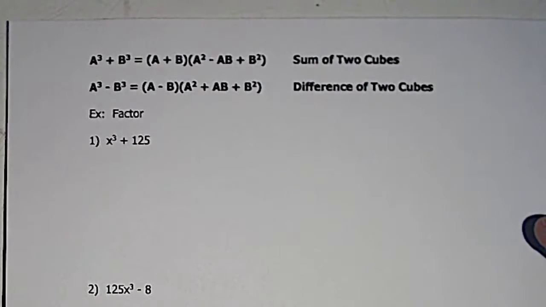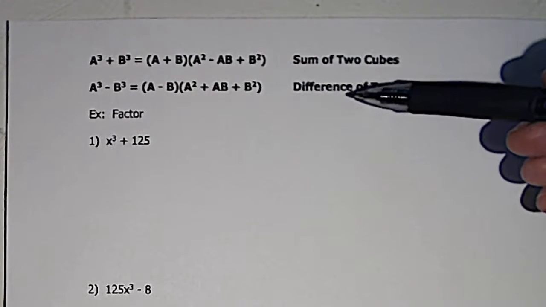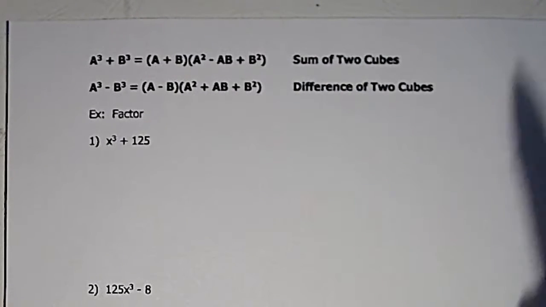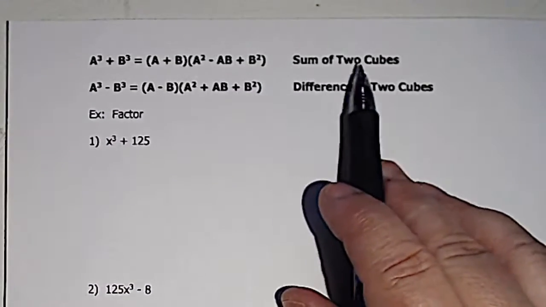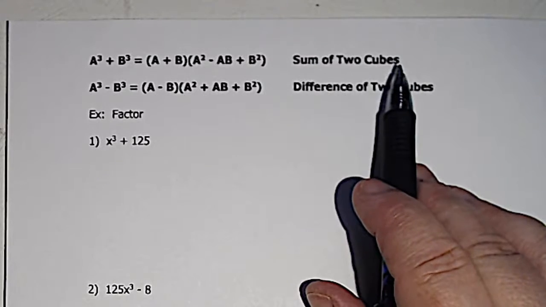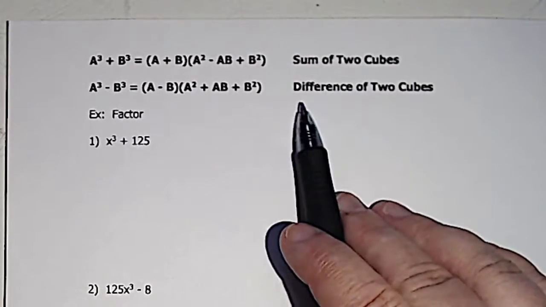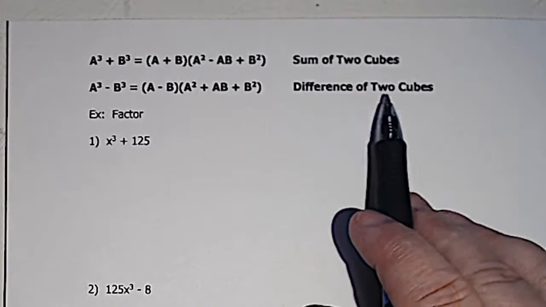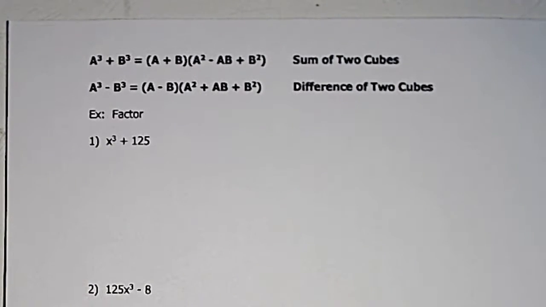If you're not, what I recommend is that you memorize them together, because in a pair, it's easier to tell the difference. Okay, so this is a cubed plus b cubed. That's why it's the sum of two cubes. A cubed minus b cubed is the difference, that's subtraction, of two cubes.